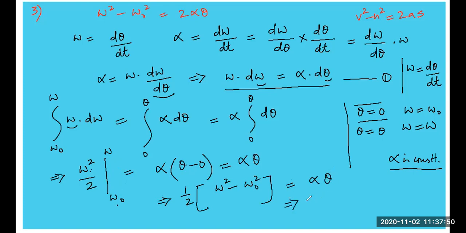From this, I will get omega square minus omega naught square is equal to, see, this 2 is getting multiplied here, 2 alpha theta. So students, successfully, we have derived the third equation also. All right, this is my third equation of rotational motion. Practice them again and derive them.